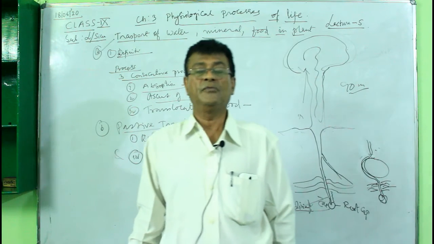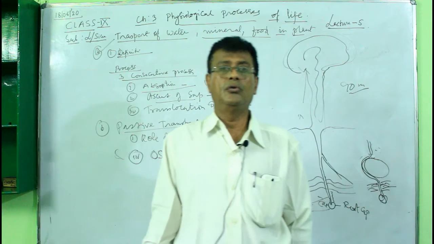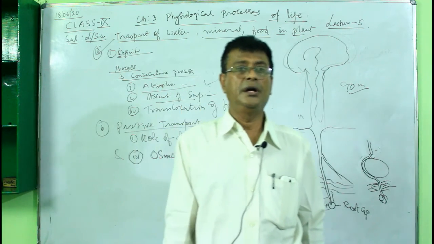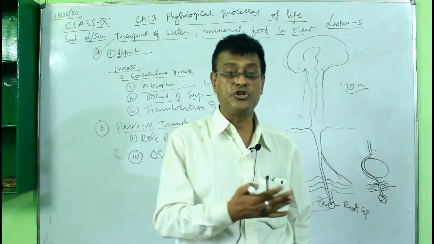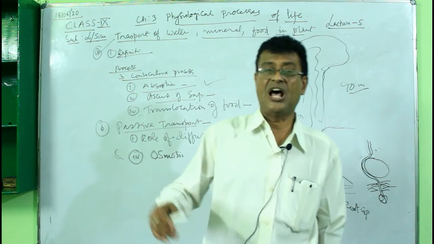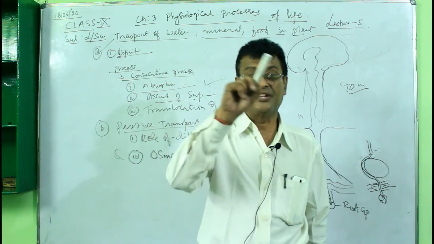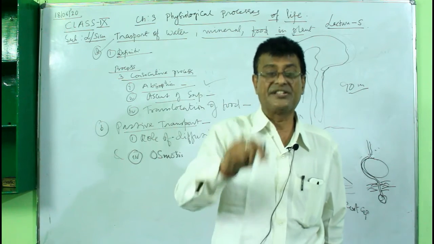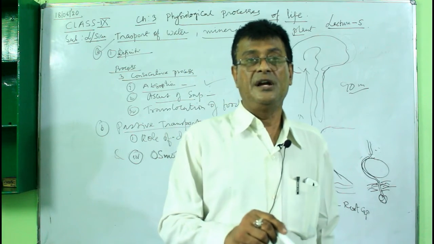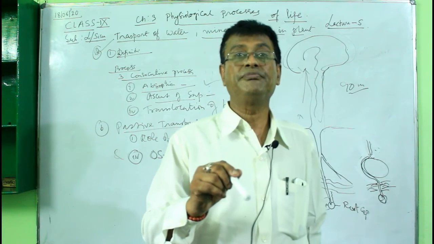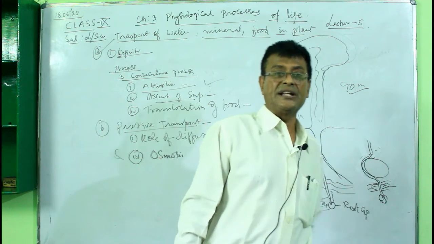In bigger plants, known as dicotyledonous plants, which live many years, when huge logs are cut, lying beside the road or in a timber mill, you will find rings. These rings are known as annual rings. Those are nothing but the vascular bundle rings, by which the age of the plant is calculated.